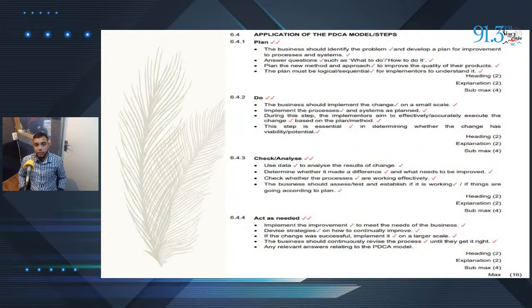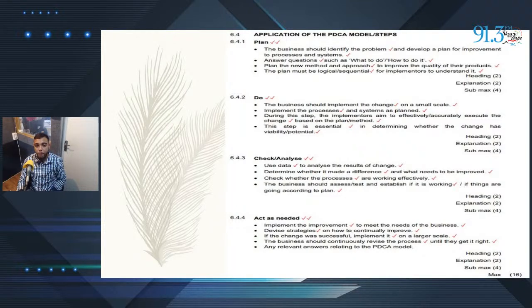Do, the business should implement the change. Check, use data to analyze the results of the change, and then act as needed. Implement the improvement to meet the needs of the business. Easy and simple, boys and girls. That's 8 marks plus 1, 2, 3, 4. That's 12 marks that you can score here.